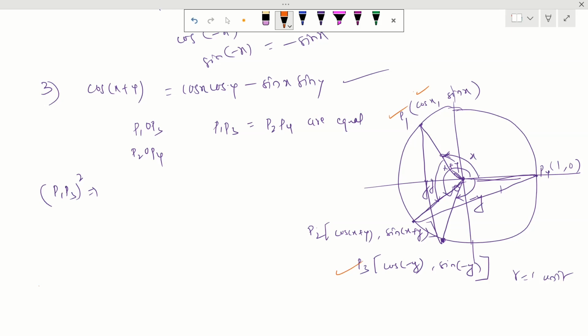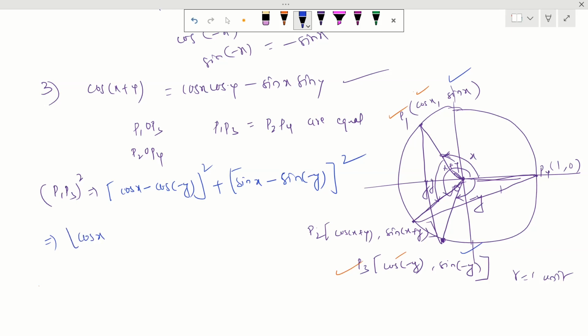So (cos x minus cos of minus y) whole squared, and the second term, (sin x minus sin of minus y) whole squared. Understood? Now I'm simplifying this.